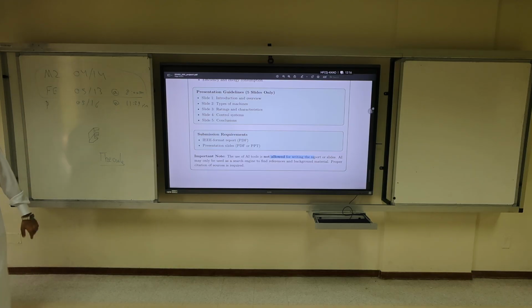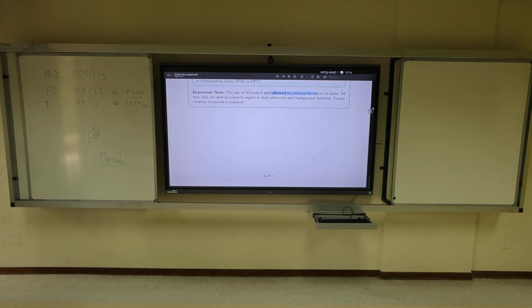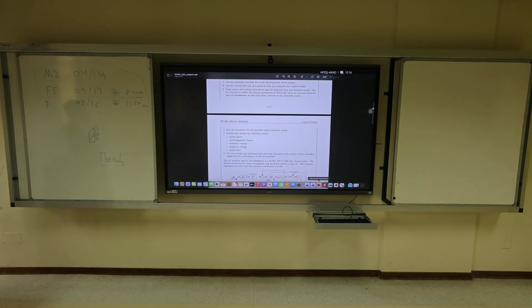Do your best, okay? If you don't want to do the simulation. Any question about the project? So who's going to do the simulation? Who's going to do the paper? Do whatever you want, okay? Now, if you cannot reach the paper for 5 pages, 4 is also allowed. 4 is okay.